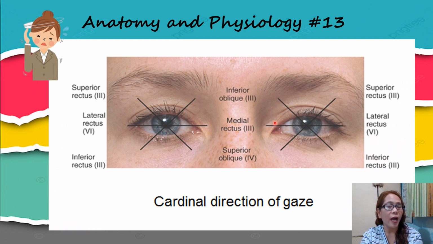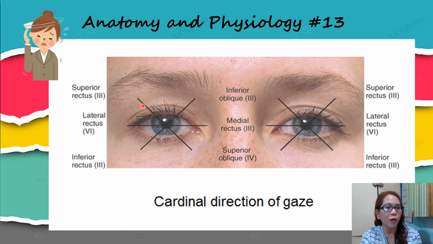Slide shows how to check the extraocular movement of the eye. So when we say extraocular movement, we are checking for the muscle movement of the eye. Kung kaya niya bang tingnan or wala bang problem sa muscle of the eye. Okay, kung coordinated ba yung action of the 6 muscles of the eyes. The 6 muscles are the following.